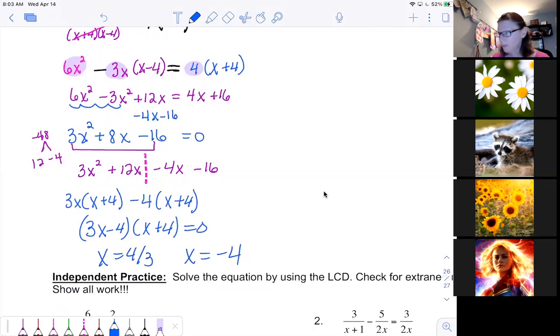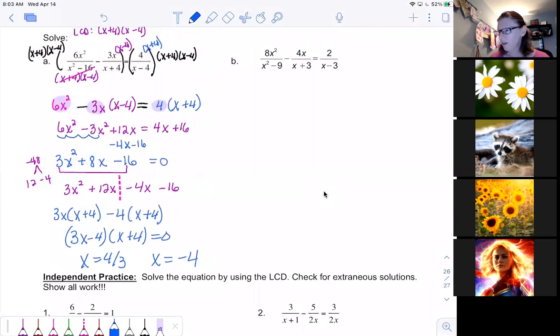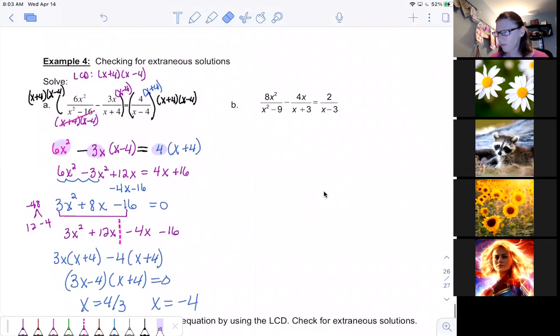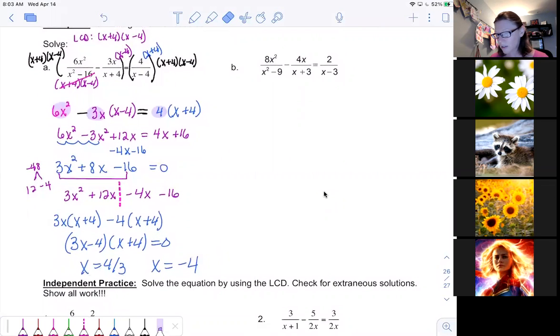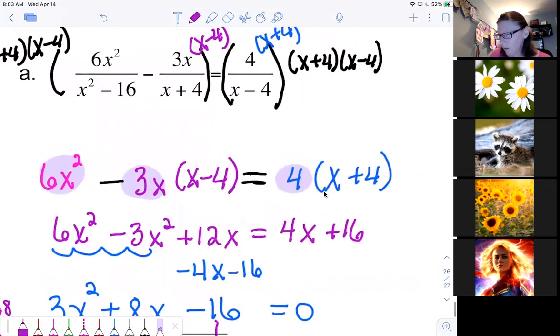That's a big problem. The very last step, it says check for extraneous solutions. So I'm going to come back to my original problem. Plugging in 4/3 doesn't make the denominator 0.